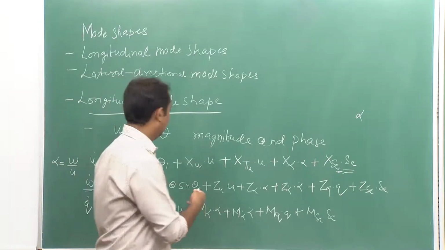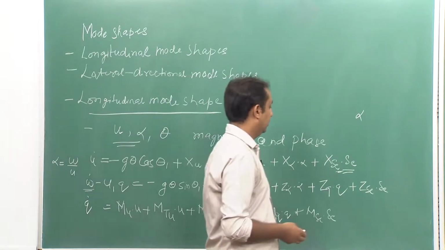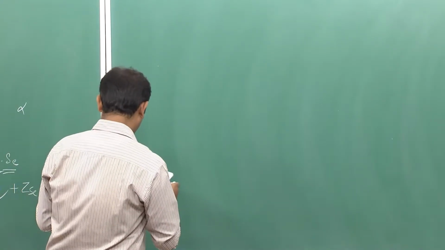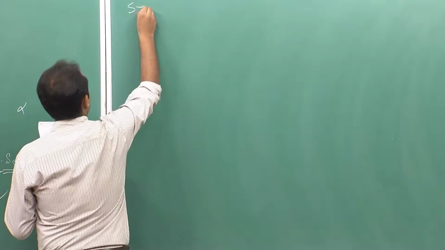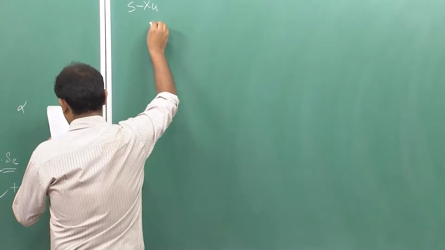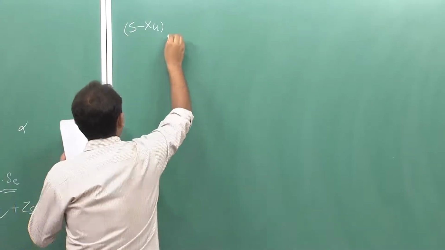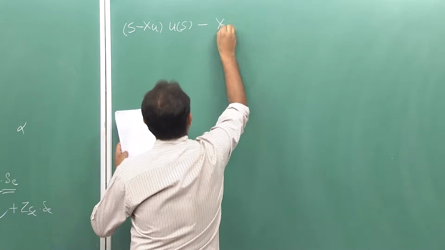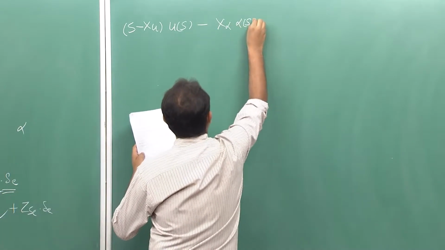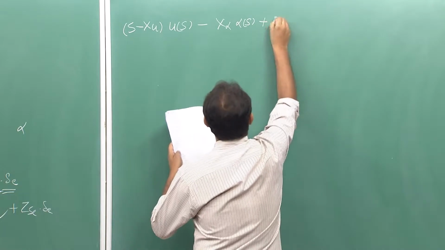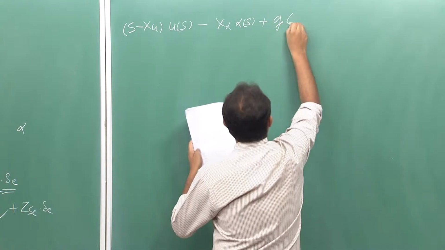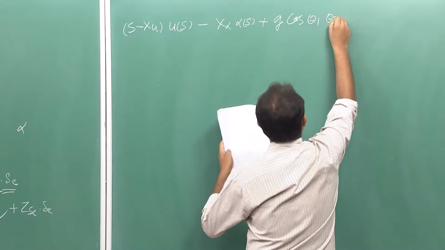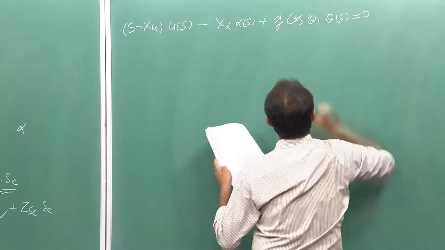Making the required substitution, neglecting delta E and taking the Laplace transform, the first equation will be: s minus x u into u of s, minus x alpha into alpha of s, plus g cos theta 1 into theta of s equals 0.